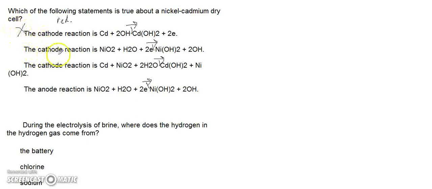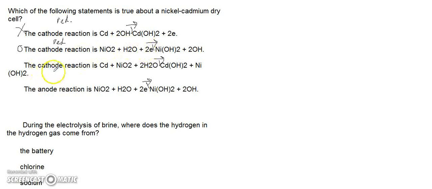How about this one? The cathode, again, should be a reduction reaction, is this. And I look and say, oh, there are electrons on the reactant side. So this is a possibility. I'll make a little mark here, but we need to check the rest. This is a possibility because it's gaining electrons, so it's being reduced in charge.